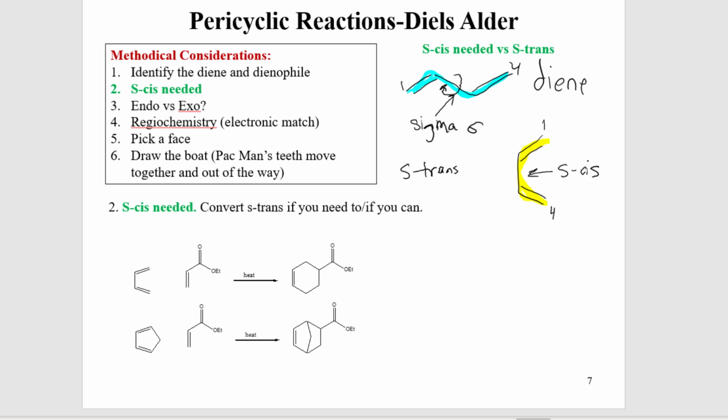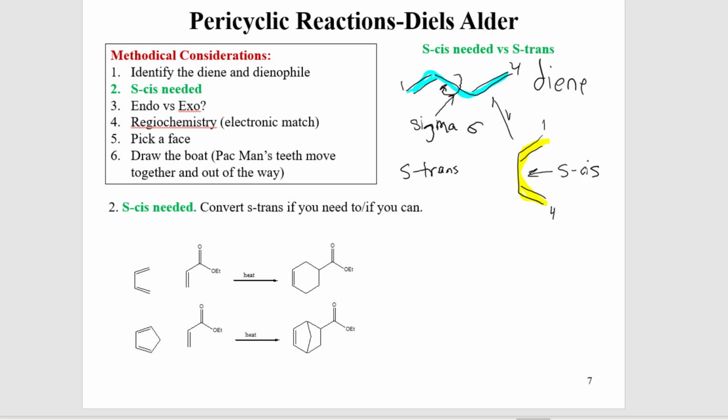Now, S-trans is preferred. There is a rotation. So if these are in equilibrium, if these are 2 conformations of the same molecule, it's going to prefer being in S-trans.